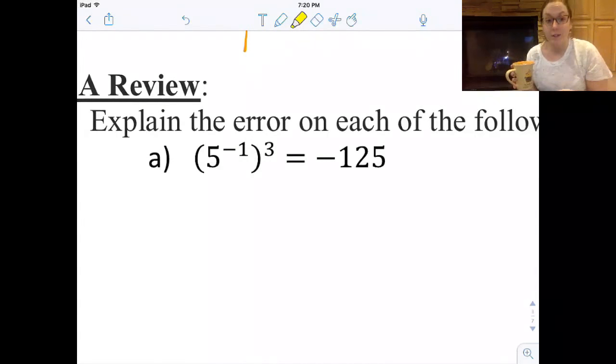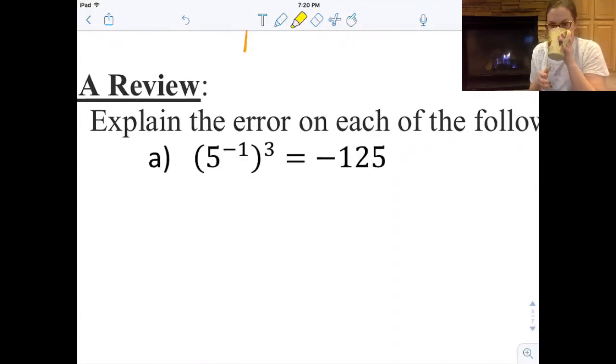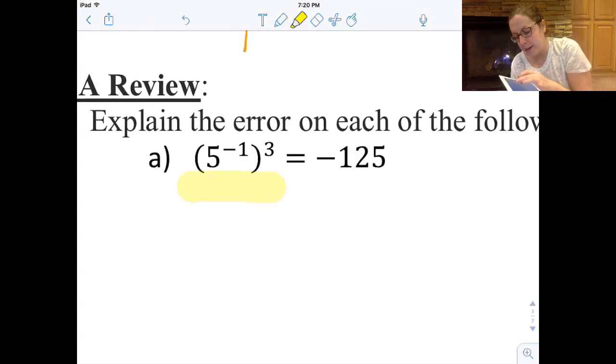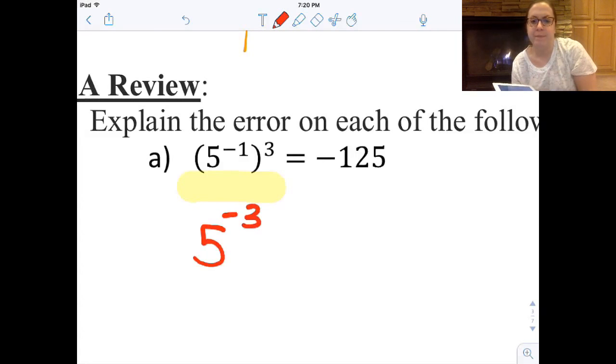All right, so explain this error. What I see here is that I'm raising a power to a power, so I'm going to multiply. So this should become 5 to the negative third. Now, that's fine, but does 5 to the negative third equal negative 125? This is where a lot of people make their mistakes.